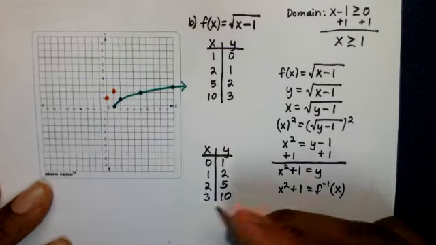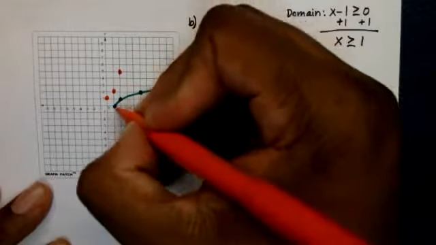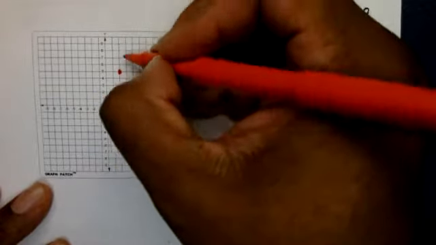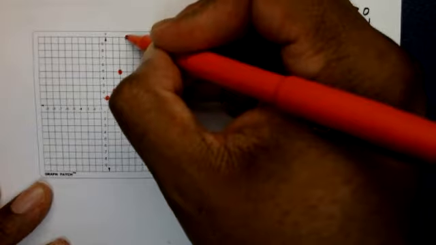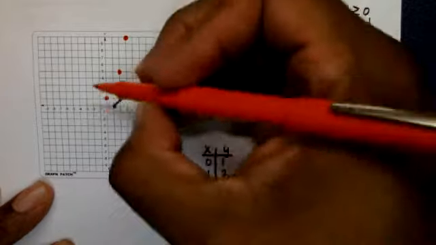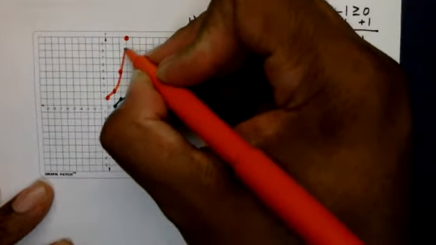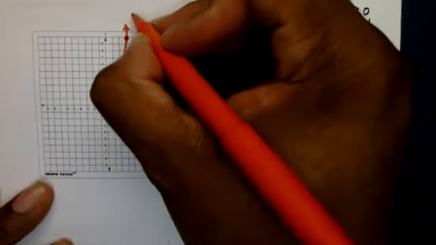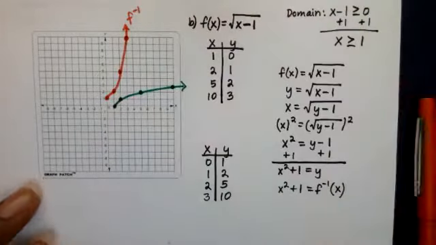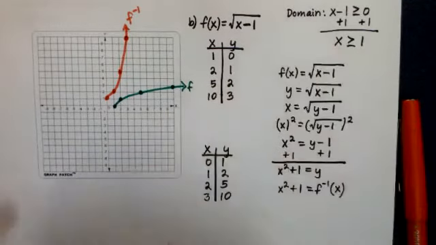And then (2, 5) would be here, and (3, 10) would be up here. Connect those dots. That is what f inverse of x looks like. And the one in green is the graph of f of x.